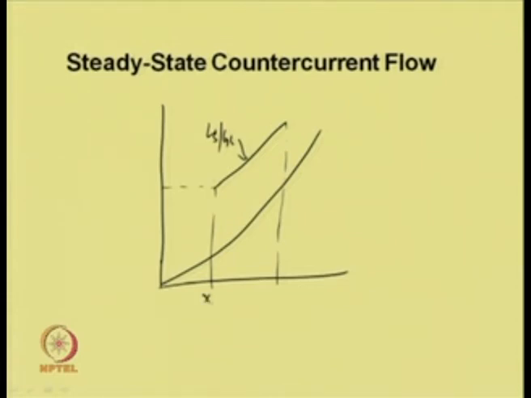This is x 2, y 2 and this is y 1, x 1, and suppose this is m and this is n. So, this is the equation of operating line and this is the equilibrium line.